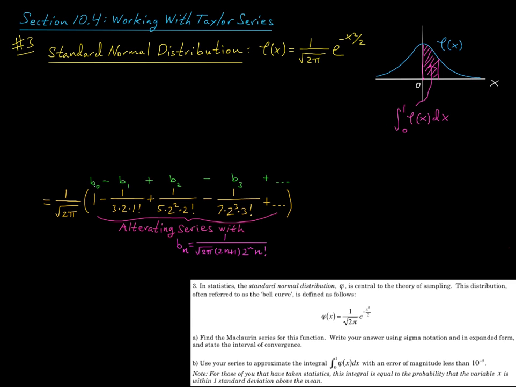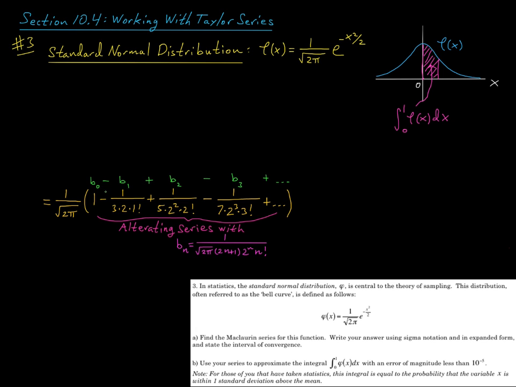I'll label it b0 minus b1 plus b2 minus b3, so on and so forth, where it's understood that this 1 over the root of 2 pi has been distributed. So I'm saying here that this is an alternating series with b sub n equal to 1 over the root of 2 pi. And now for this first factor, I have 1, 3, 5, 7, 9, and so on, so I have the positive odd integers, so 2n plus 1.